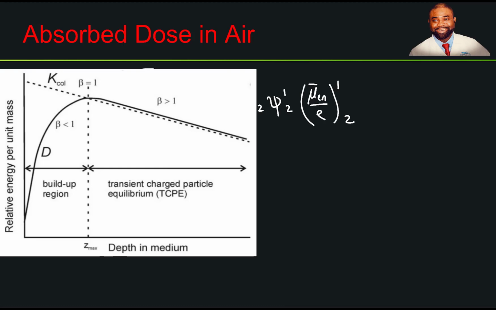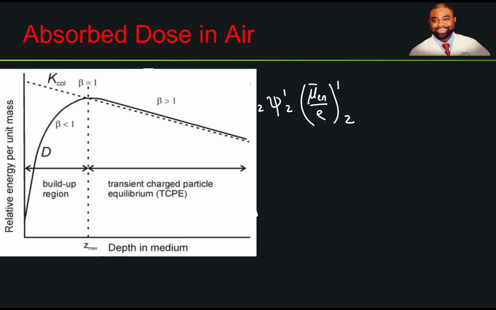Here's the kicker. If medium 1 is the same as medium 2 and we're looking at the dose at two different points, then this ratio is essentially 1. And so this gives us a very simple relationship to calculate the dose between two points, or to relate the dose in one medium to the dose in another medium.